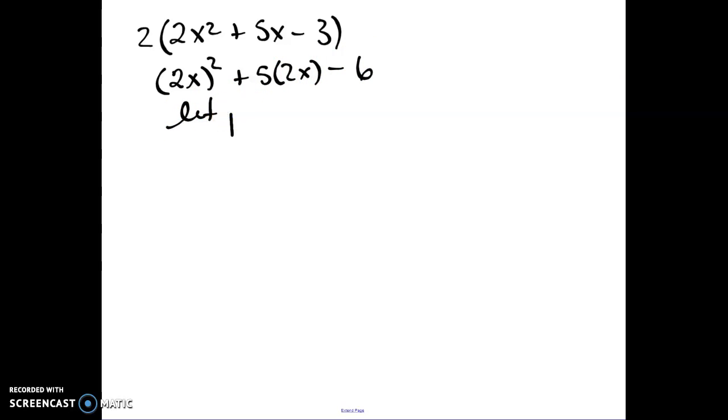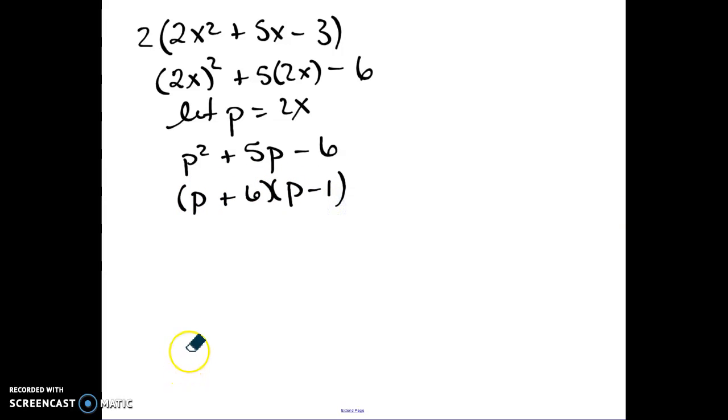I'm going to substitute for my 2x, and I could rewrite this whole problem as p squared plus 5p minus 6. This I can factor as p plus 6 times p minus 1. Remembering I don't want p, I need to replace that again with the 2x.